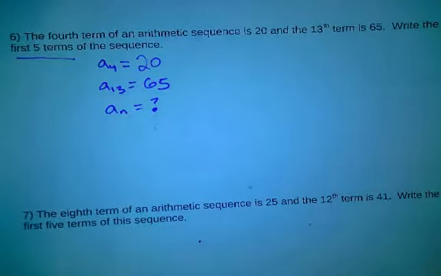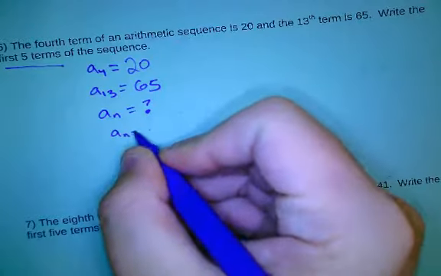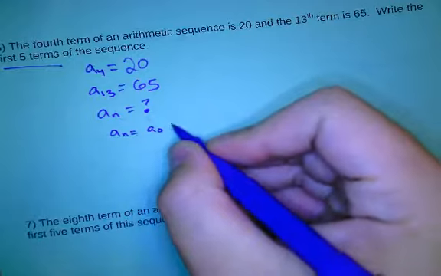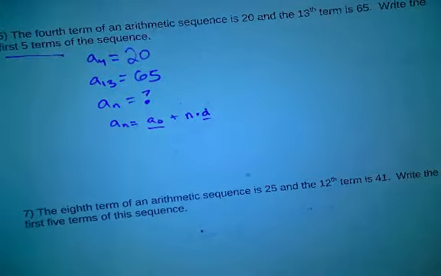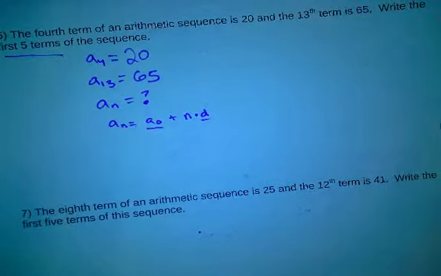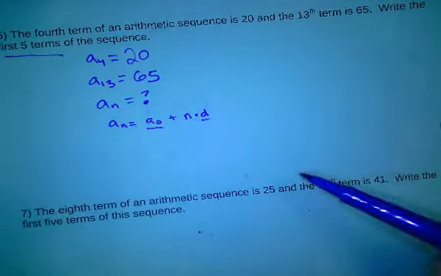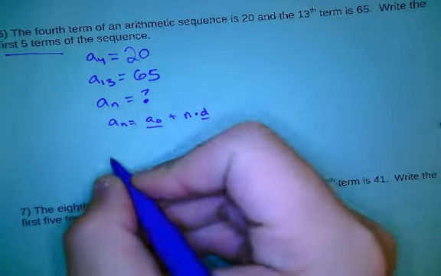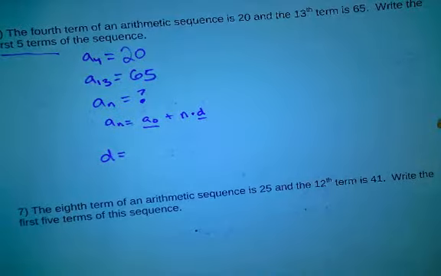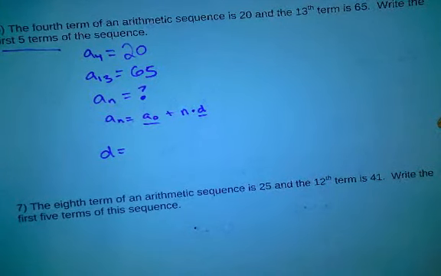Alright, moving on. So, what the heck do I need here? I need a sub 0 and I need D. So I need those two things. How in the world can I find any of these? Well, I can't find a sub 0 unless I know D. How can I find D? So this is like a linear equation, right?